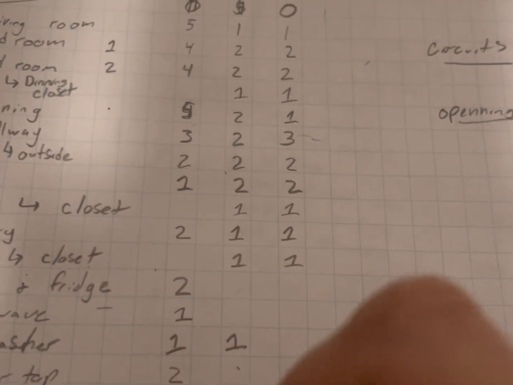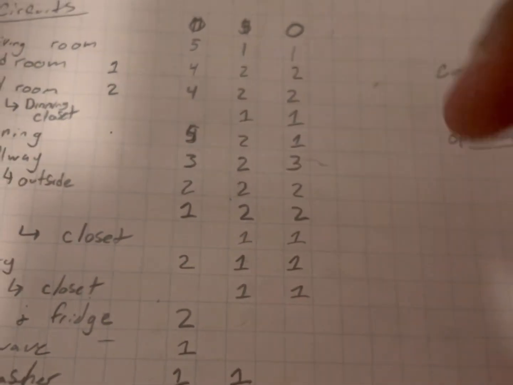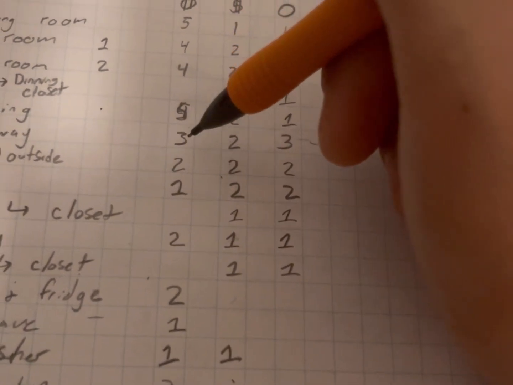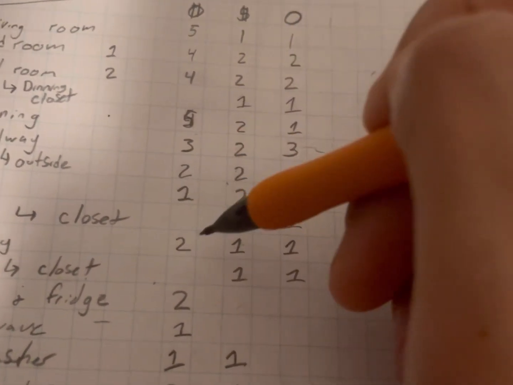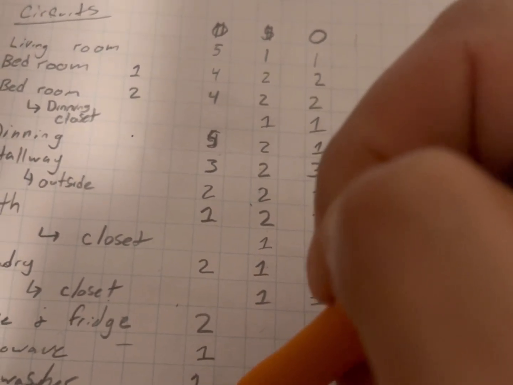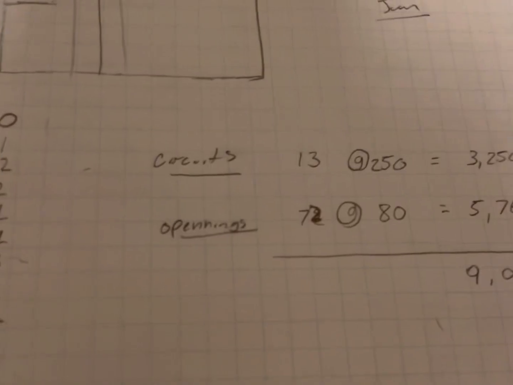Oh man, I'm not sure. Let me count this again. 5, 9, 13, 18, 21, 23, 24, 26, 28, 30, 32, 33, 36. Okay, cool. Let me add these up and then we'll continue.